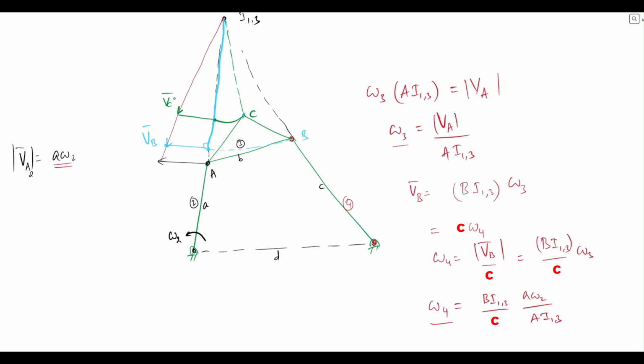The essential idea in all of this is that based on the definition of the instant center, the links which share the instant center will have identical velocity at that point. And so all the points on link 1, which is the ground link, have zero velocity in the global coordinates. And I13, as a part of this link, must also have zero velocity at this instant.